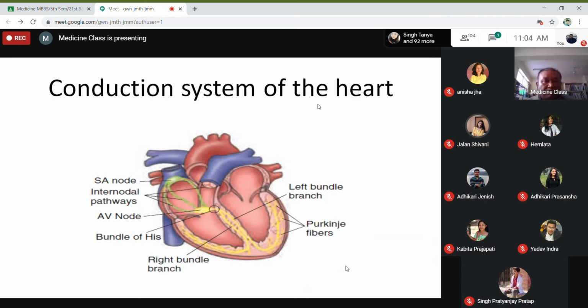Now, a few words on the conducting system. You know very well that the impulse starts from the SA node, then goes to the AV node through the internodal pathways. From the AV node it goes into the ventricles. There will be an AV delay here, and then through the bundle of His, towards the right bundle and left bundle, and then it goes to the ventricles and divides into Purkinje fibers.